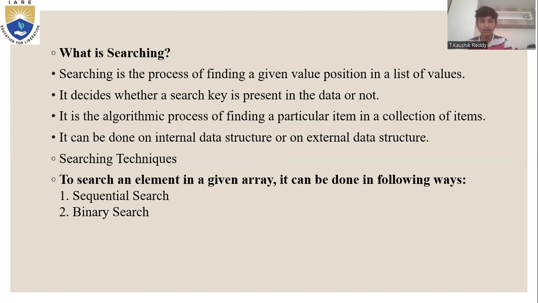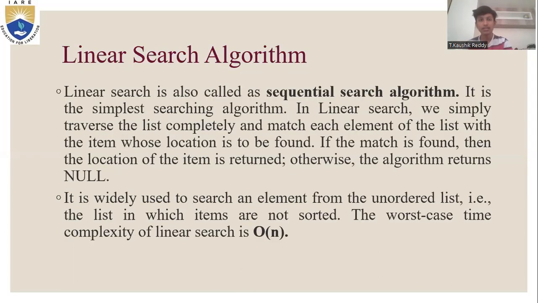Searching techniques. To search an element in a given array, there are two ways: sequential search and binary search. First, the linear search algorithm. Linear search is also called the sequential search algorithm. It is a simple search algorithm.